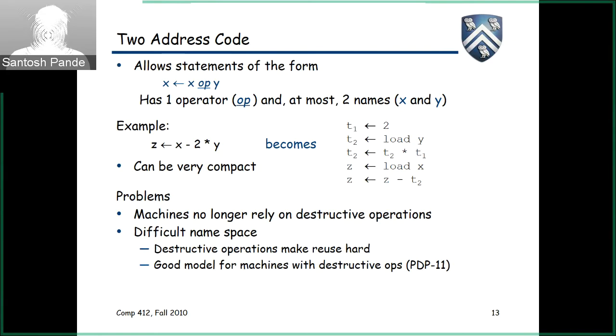For example, if you do not destroy T2 further down, then you have 2 times y available, and wherever 2 times y is there, you could reuse T2, saving certain operations, and this optimization is called common sub-expression elimination. However, if you do not have that, then it may not be needed.